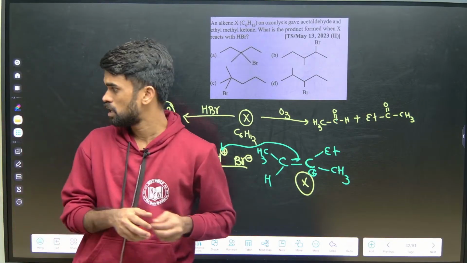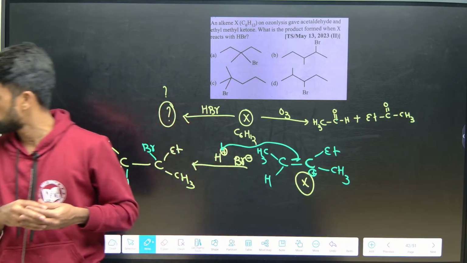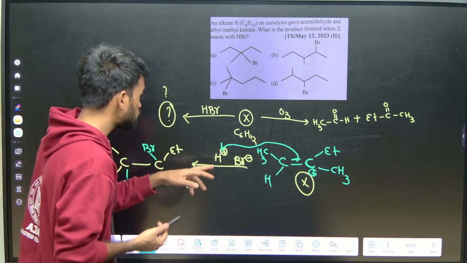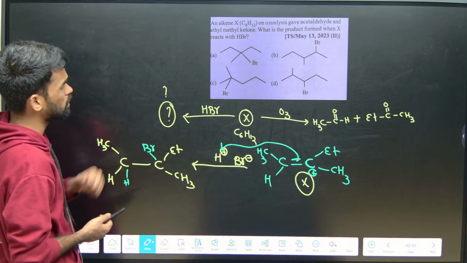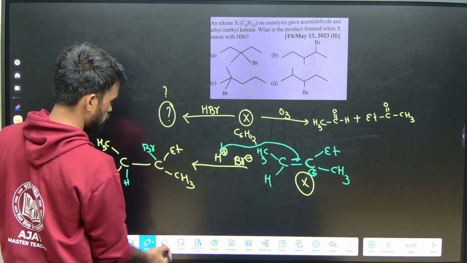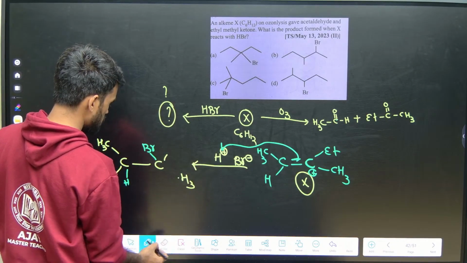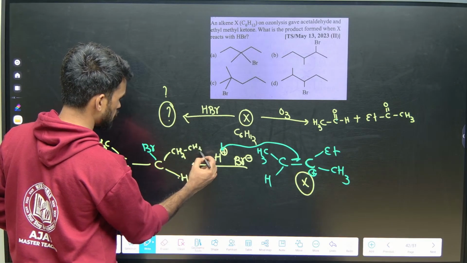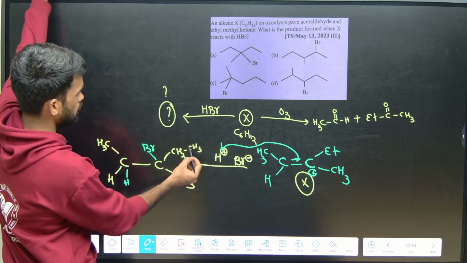I hope you know what the Markovnikov rule and anti-Markovnikov rule types of additions are. So now tell me, this is your product. Where do we have such an option in the given question? Ethyl means you can write CH2CH3. So you have 1, 2, 3.